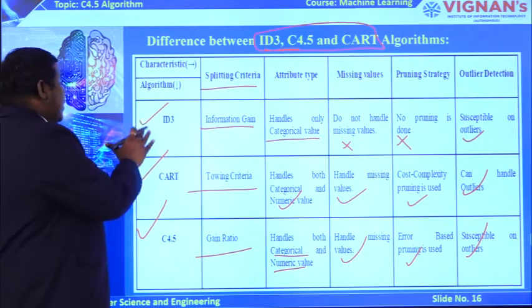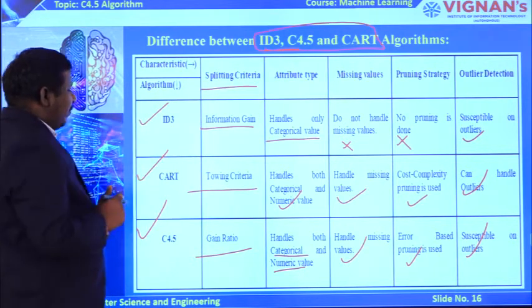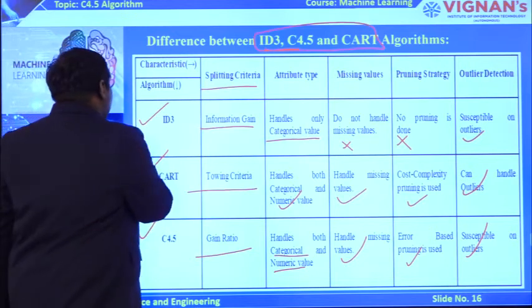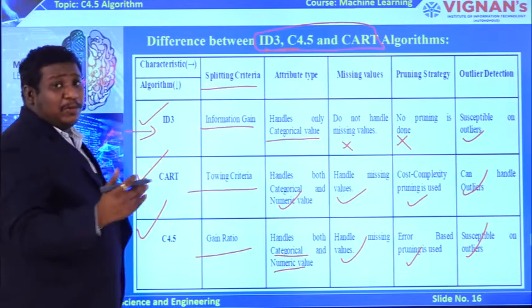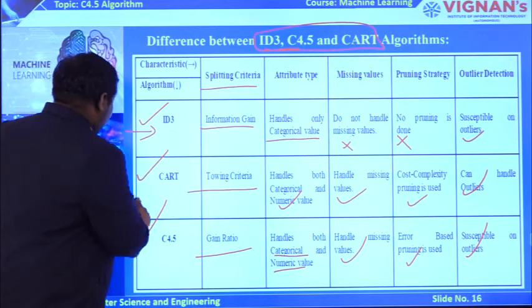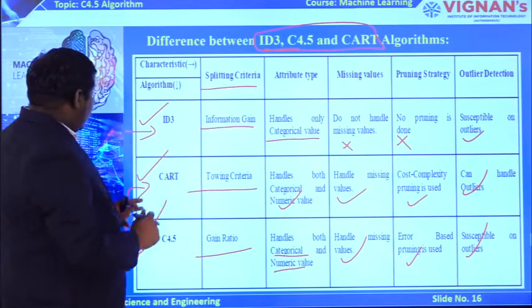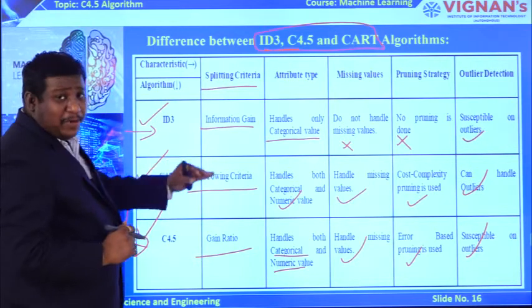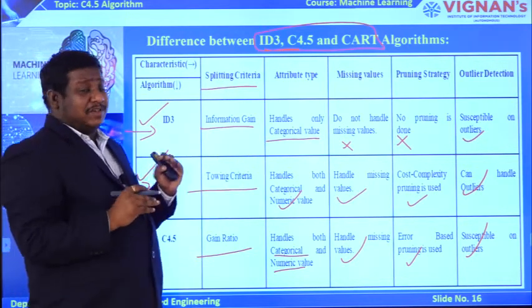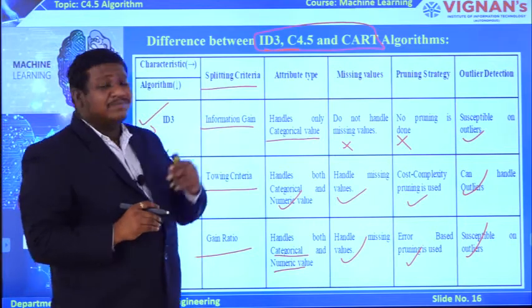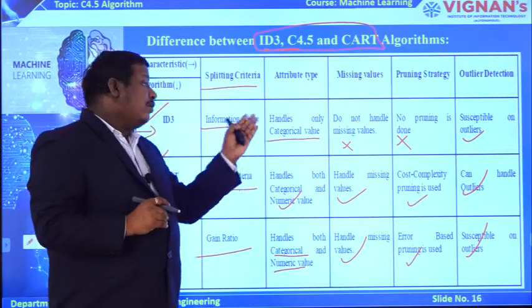So, this is the main comparison of these three algorithms which come under decision trees. Basically, from ID3, CART and C4.5, ID3 has fewer features and less support for advanced features compared to CART and C4.5. If you compare most of the characteristics, both CART and C4.5 support advanced features, whereas the ID3 algorithm does not have such advanced features.